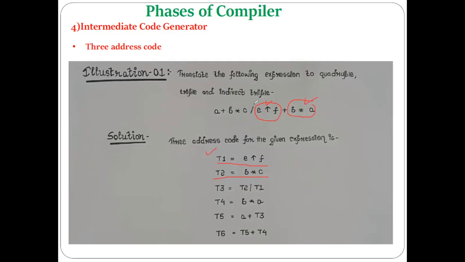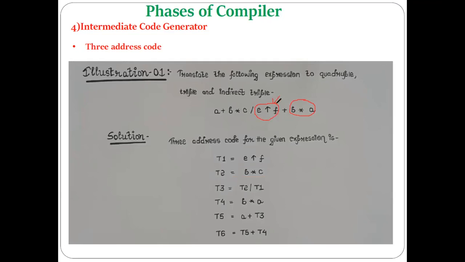Then the next will be given to c divided by e, so the t3 temporary variable is generated.